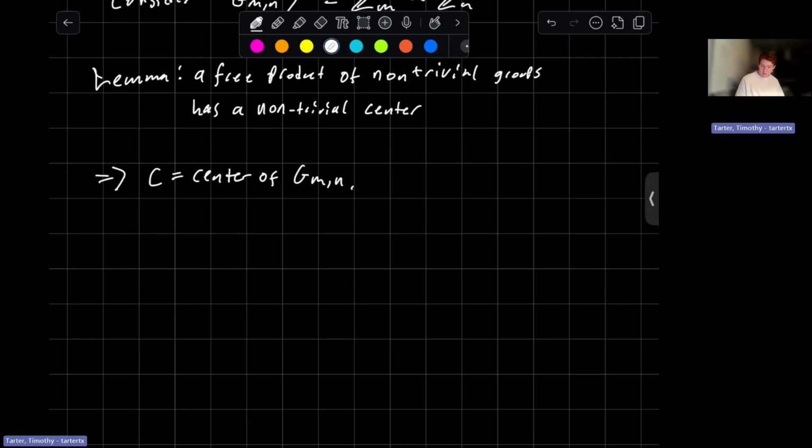We will now show that the integers m and n are uniquely determined by the group Zm free product Zn. The abelianization of this is Zm Cartesian product Zn. All the torsion elements of Zm free product Zn are conjugate to elements of the subgroups Zm and Zn, hence having order dividing m or n.